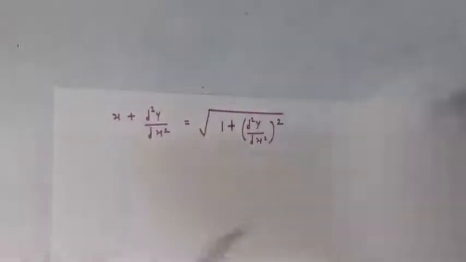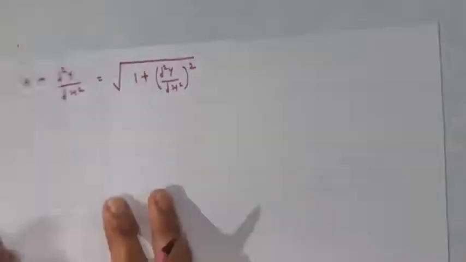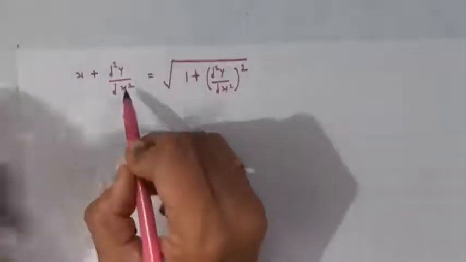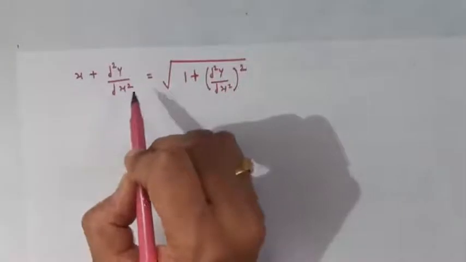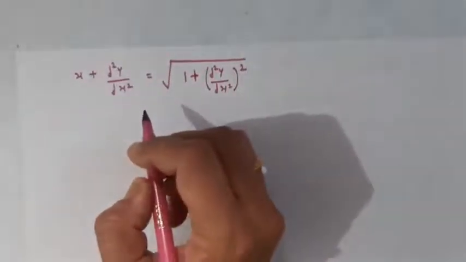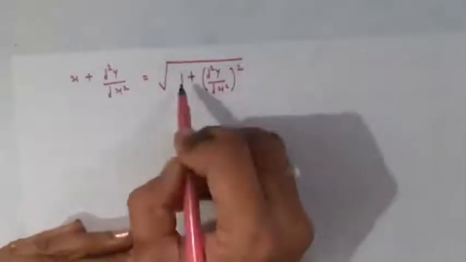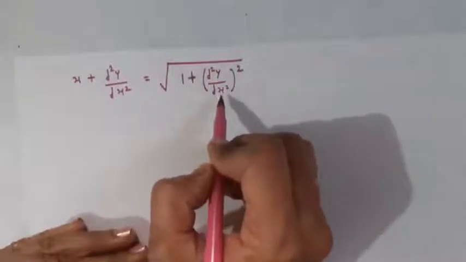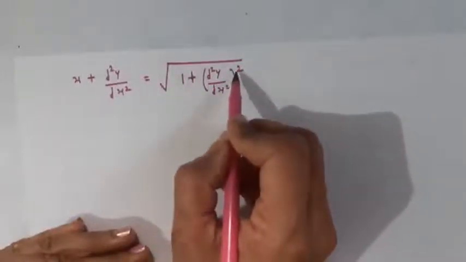Now let us take another example. Find out the order and degree of the differential equation x plus d2y upon dx square equal to the square root of 1 plus d2y upon dx square, whole square.